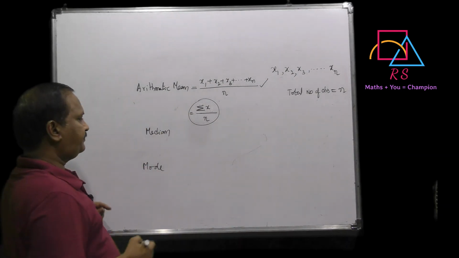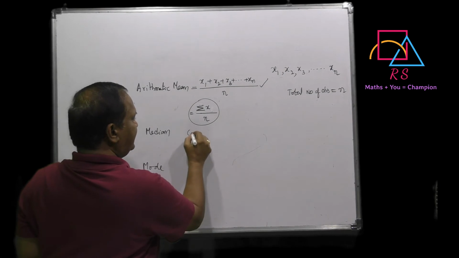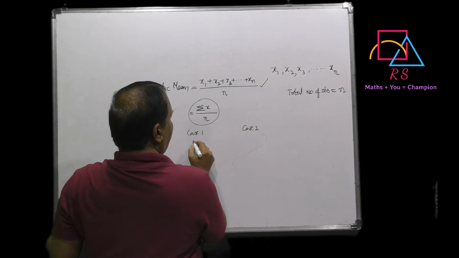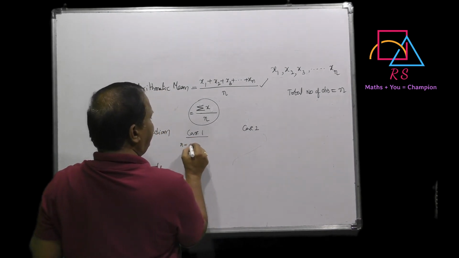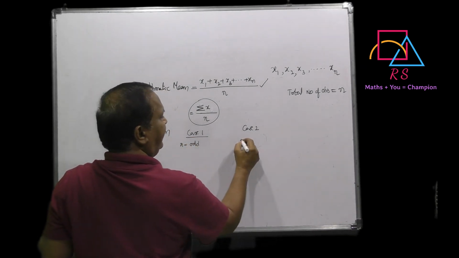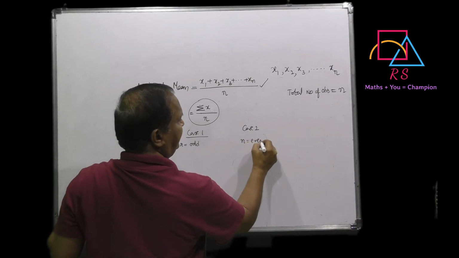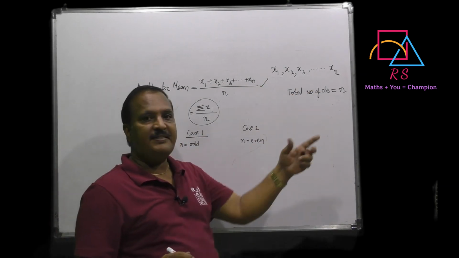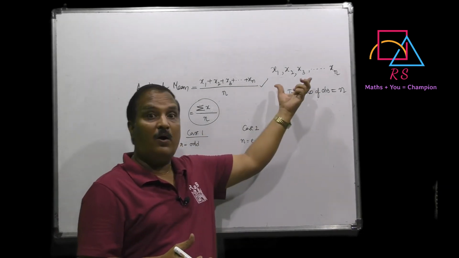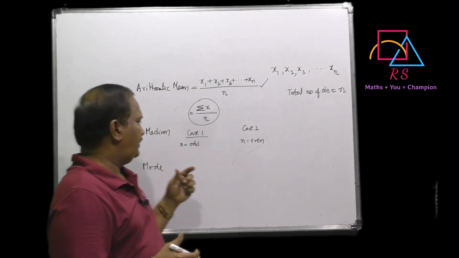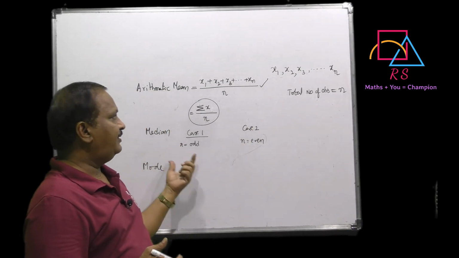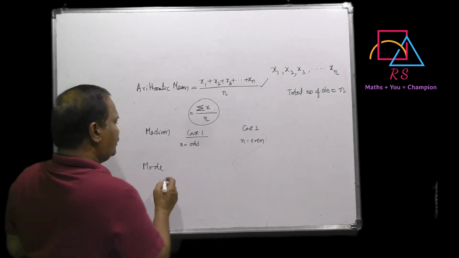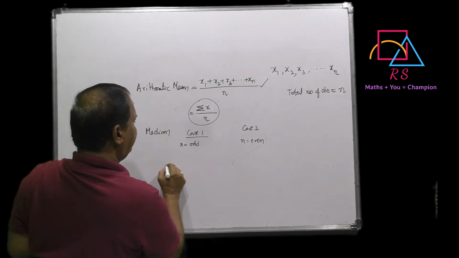Now median. So median, two cases, case 1 and case 2. Case 1 is if n is odd. Case 2 is if n is even. That means if there is an odd number of variables, then one type of median. If the number of variables is even, then what will be the median here?